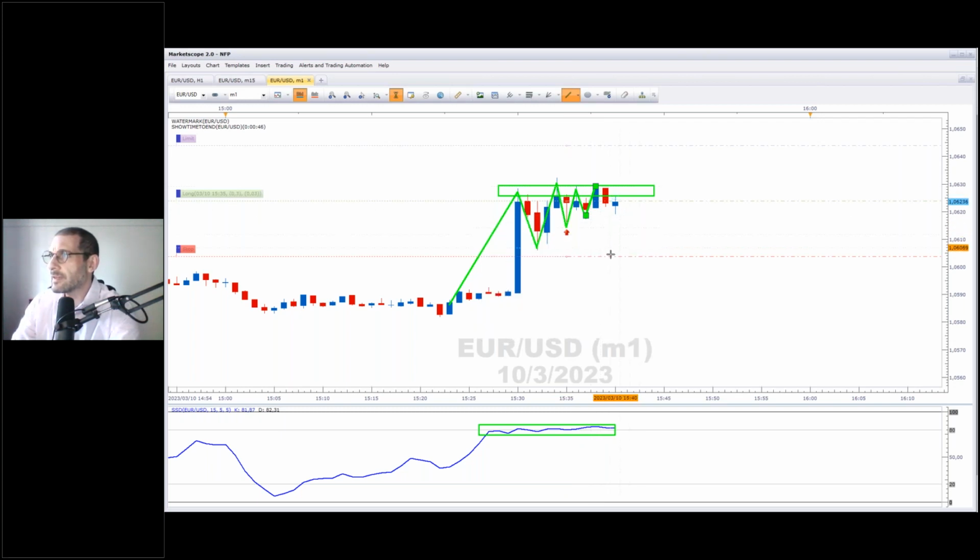Okay, bull's having another crack at that resistance. There's a bit of power. All right, it's peaked above it there.